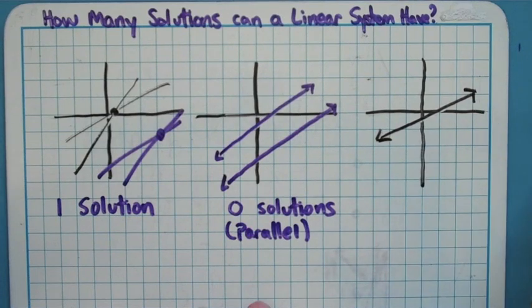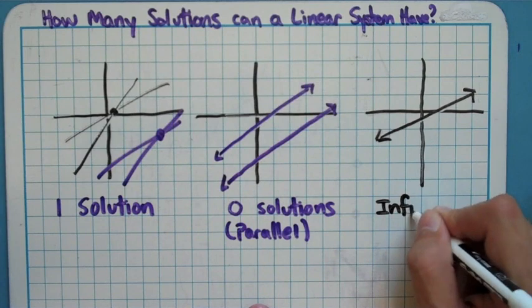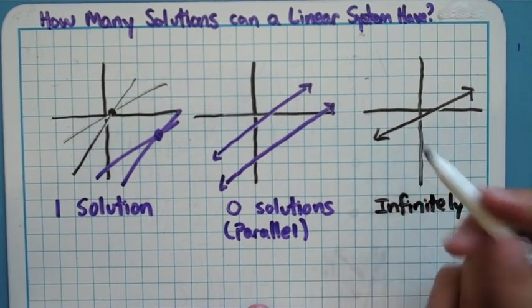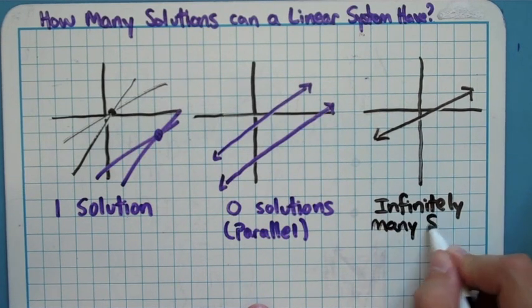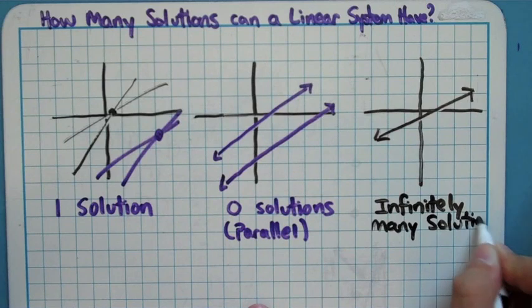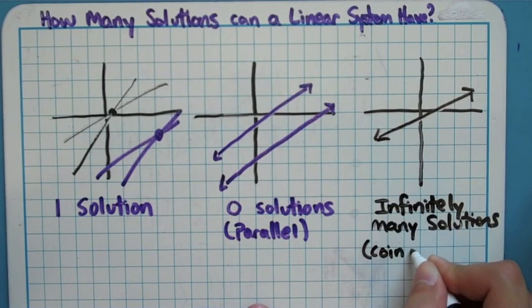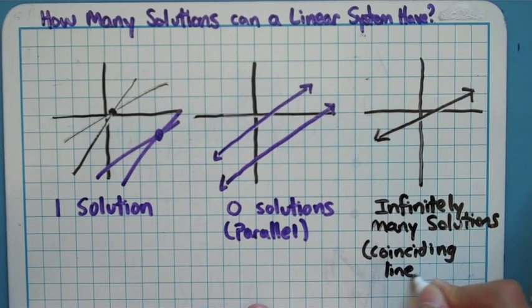They're overlapping. In this situation, you would have infinitely many solutions. Every point that's on one line works in the other. So there's an infinite number of points that work. Infinitely many solutions. These are called coinciding lines, by the way. Lines that are on top of each other like that are called coinciding lines.